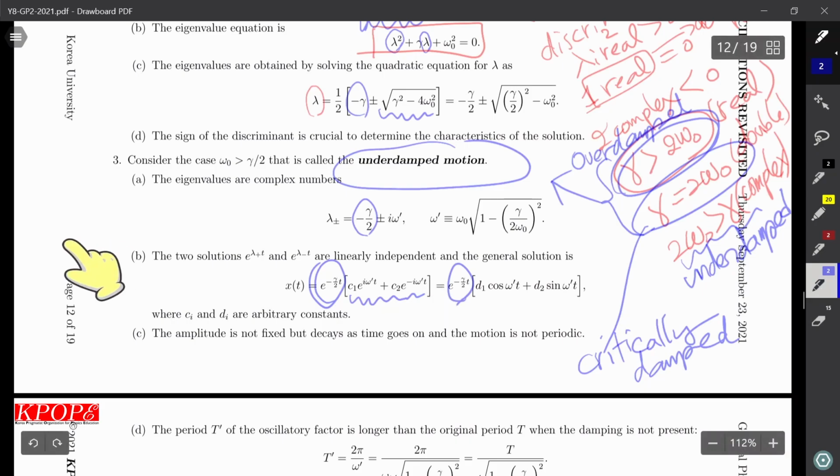And you notice this omega prime is actually, what's that? If we consider a factor of 2 here, so this one is omega 0 square root.